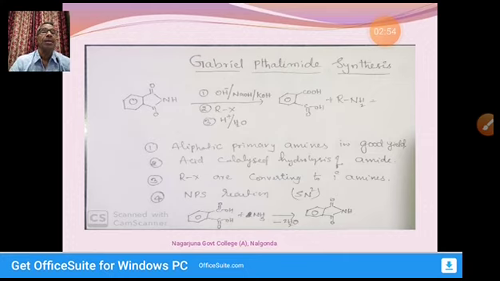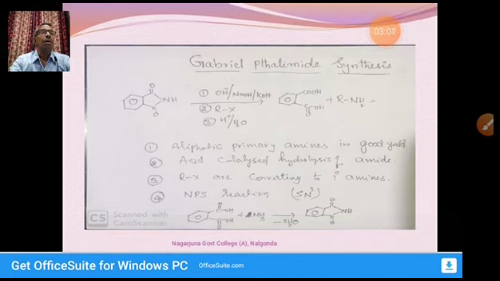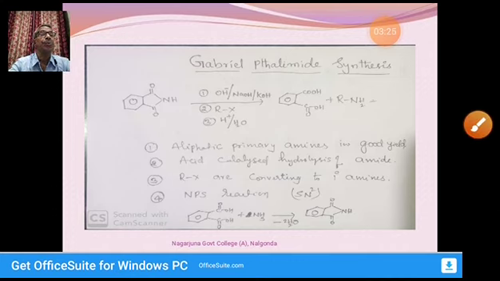First, phthalimide. When phthalimide reacts with an alkyl halide in the presence of a base like NaOH or KOH, and finally undergoes hydrolysis in the presence of acid, it will give amines.